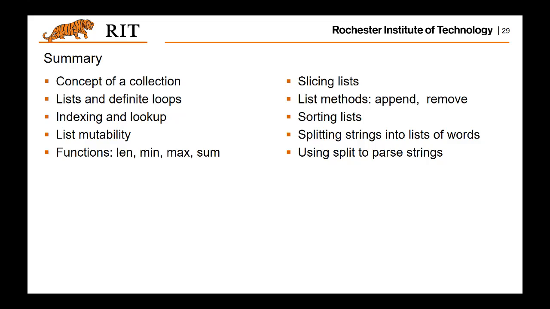Lists have two good friends. One is definite loops: you can loop through the list and do something to each of its elements. Another good friend is strings. You can do many operations using strings and lists, for example splitting a string into a list of words, or a list of strings. Not just a single split, you could do multiple ones, as many as you want.